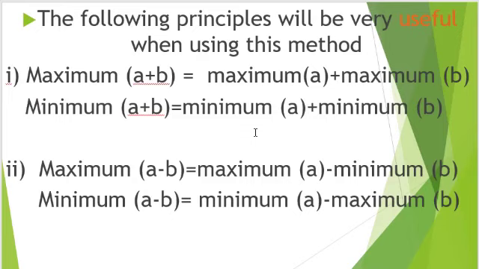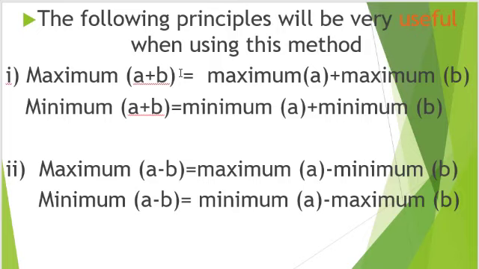The following principles will be very useful when using this method. If we are to use the maximum and minimum method to get the errors, we need to have these principles in mind. The first one, maximum of A plus B. Whenever I talk of maximum, that means I'm looking for a big answer.